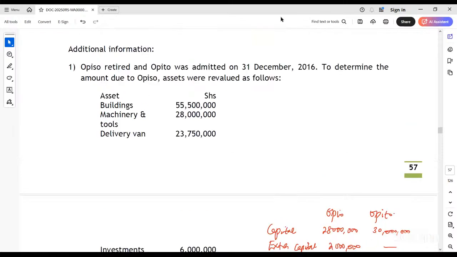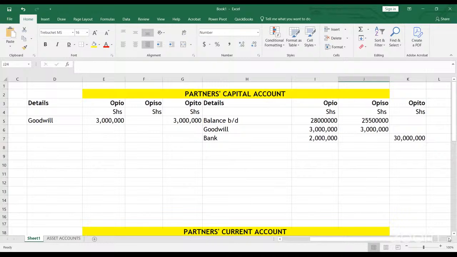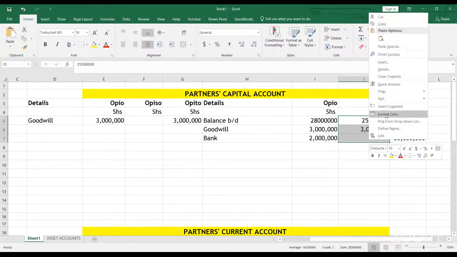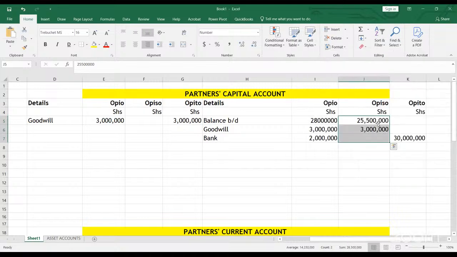Let us go to the partner's capital account. You see, Opiso has some money on the capital account. He has 25.5, and he has 3 million for goodwill.